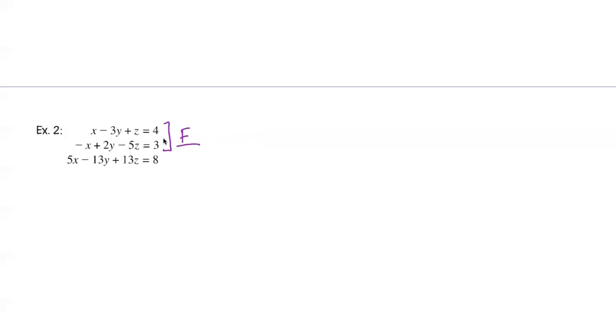So eliminate x. And so if we eliminate x, I think, double check my arithmetic here, we get negative y minus 4z equals 7. Is that true? Yeah, okay. All right.